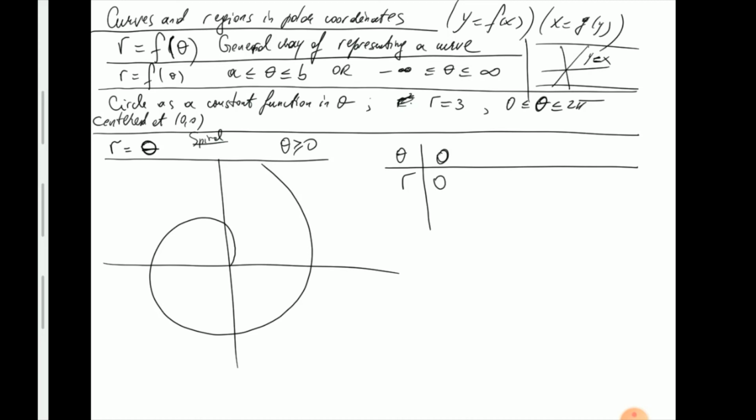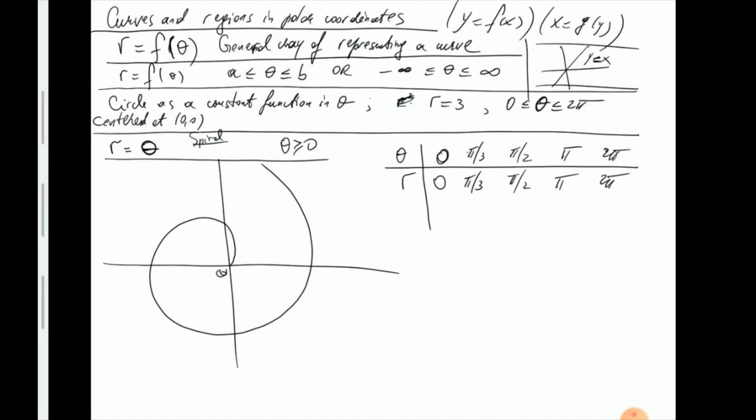You start with theta 0 and r is 0, and as theta increases, let's say you have a point pi over 3, then the radius is the same, pi over 3. So in this case, the curve simply says the radius is equal to theta. And let's say you are at pi over 2, the radius is the same, the distance from the point to the origin, then pi, 2 pi, and so on.